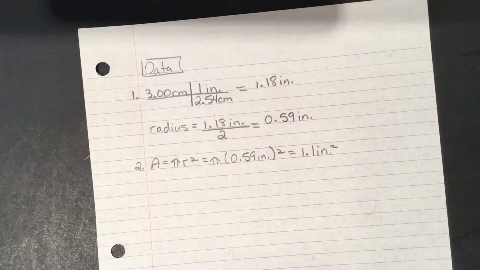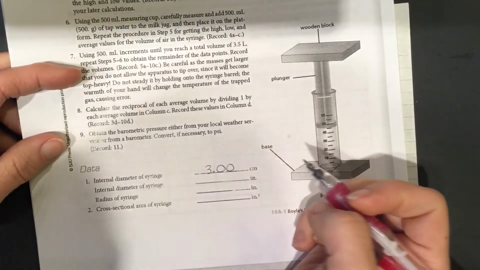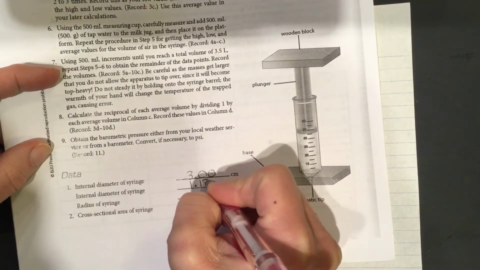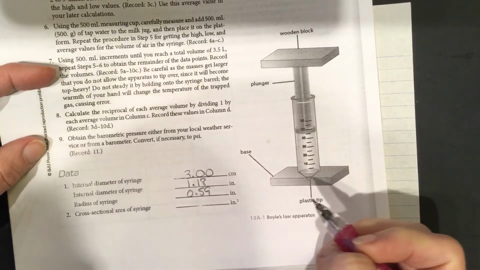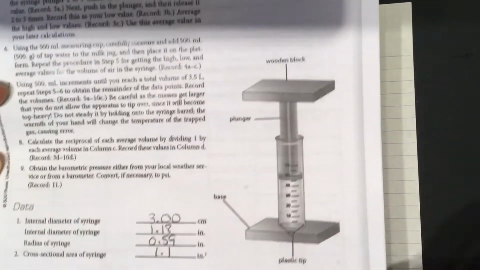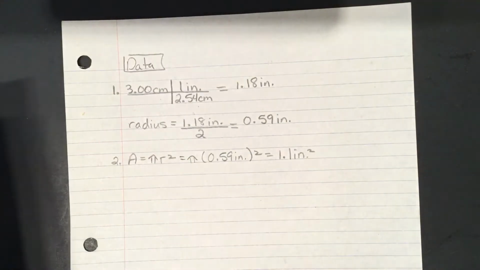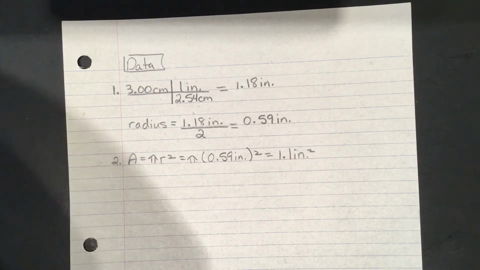And that's the value I write in my data table. Now you, like I said, yours may be different. I'm going to write my 1.18 inches, my 0.59 inches, and my 1.1 inches squared. You may have different answers, but that's okay as long as you're following the steps that I'm doing here.